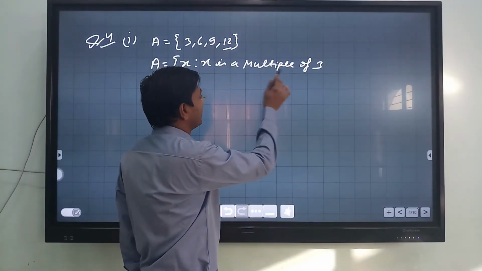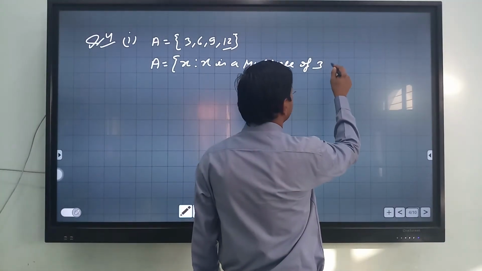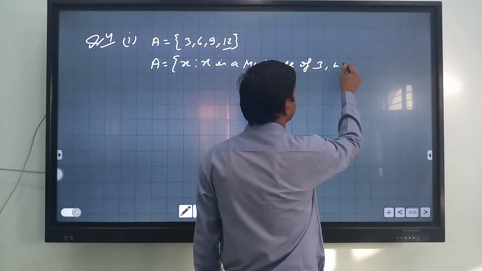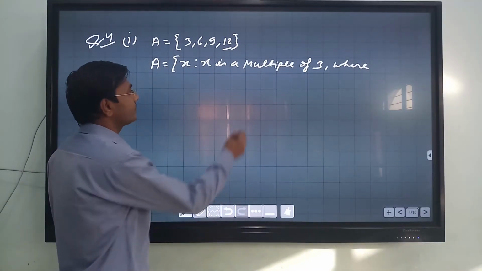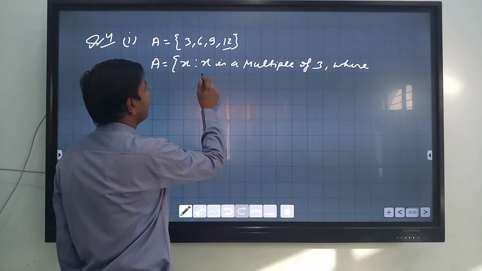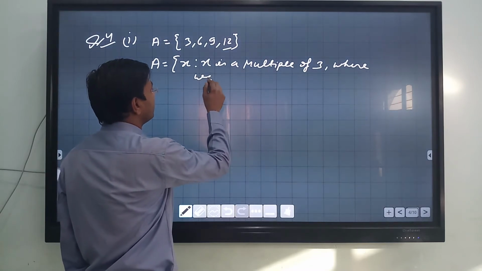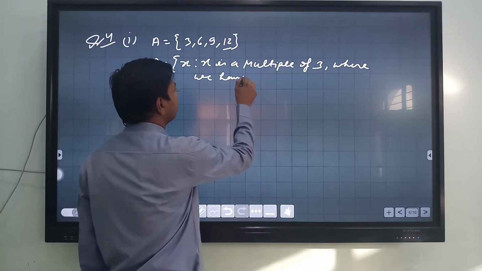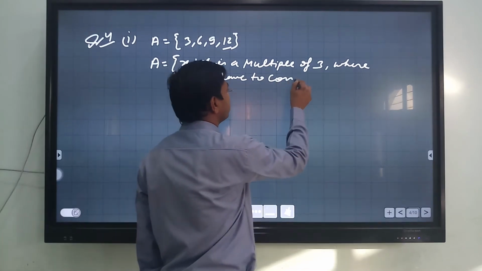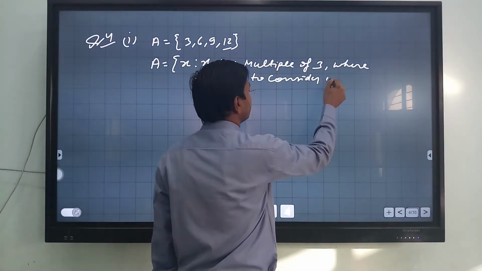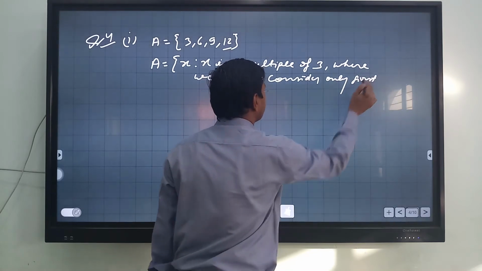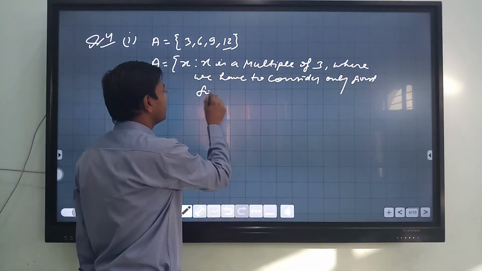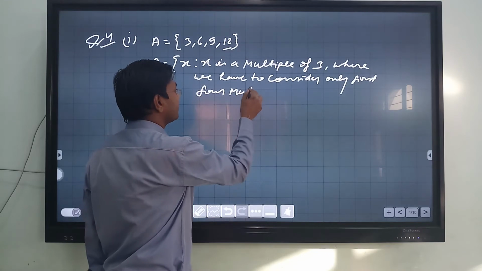This x is a multiple of 3, where we have to consider only the first 4 multiples.